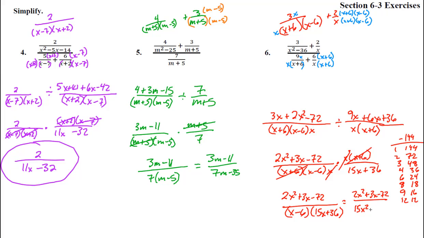Minus 90 plus 36 is a minus 54x minus 216. So either one of these would be correct. You could leave it like that, or multiply out that bottom and leave it like that. That's good. Great.